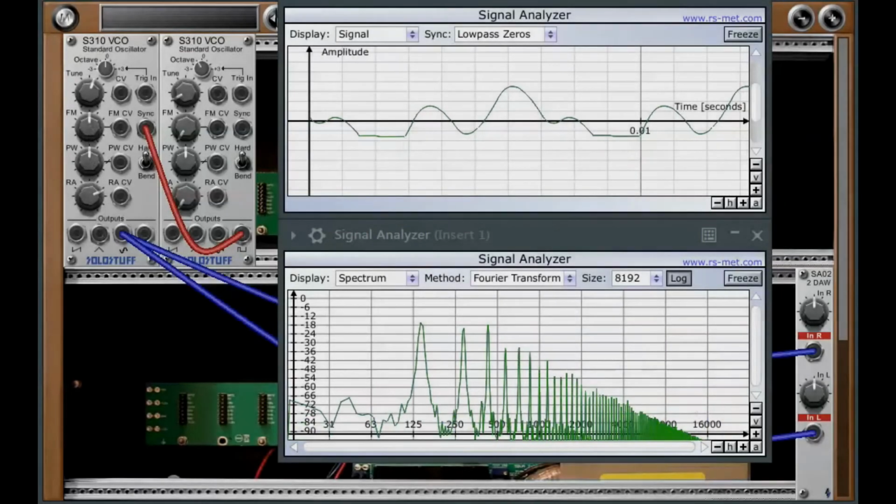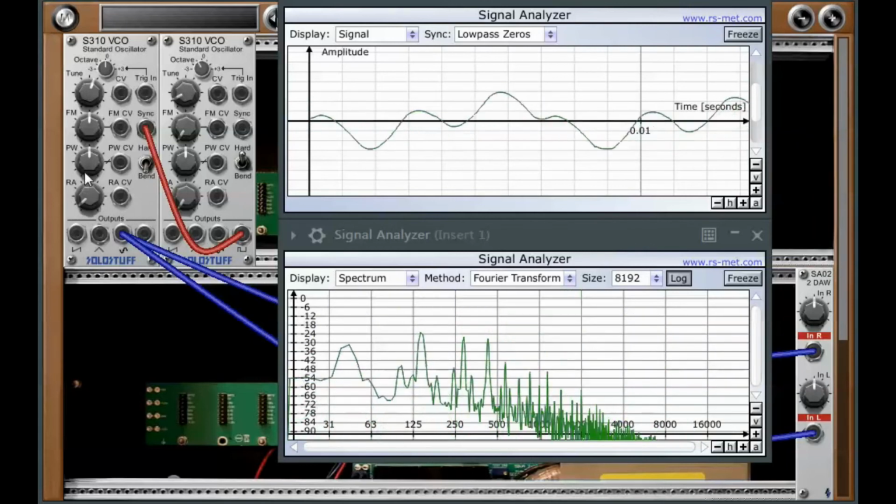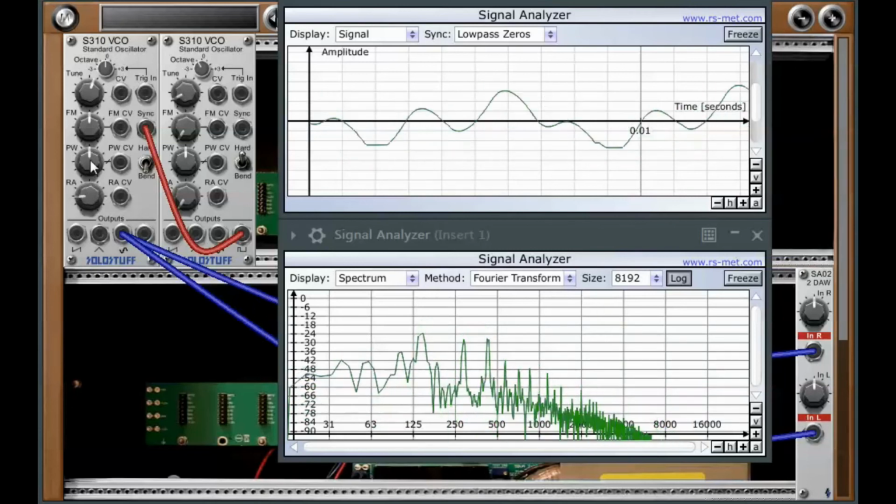But there is a second function of this rectifier. When the sync mode bend is chosen, we can change the shape and the sound then, of course, of the synchronization.